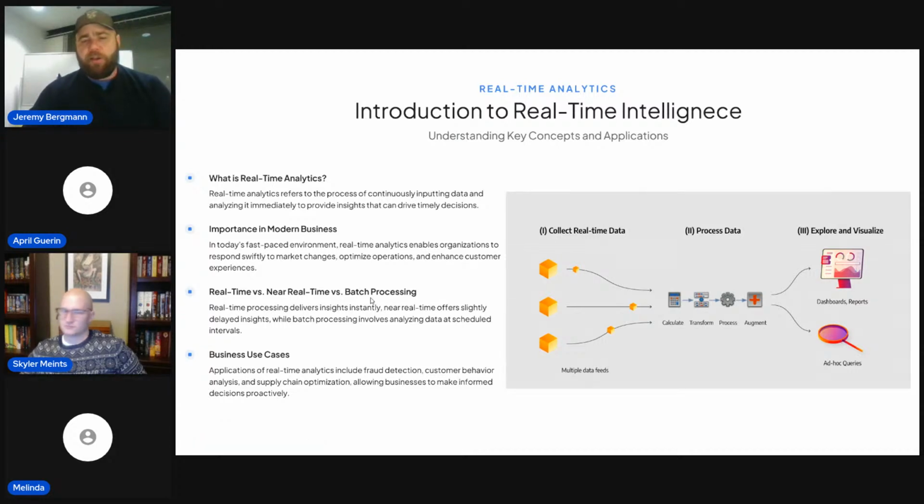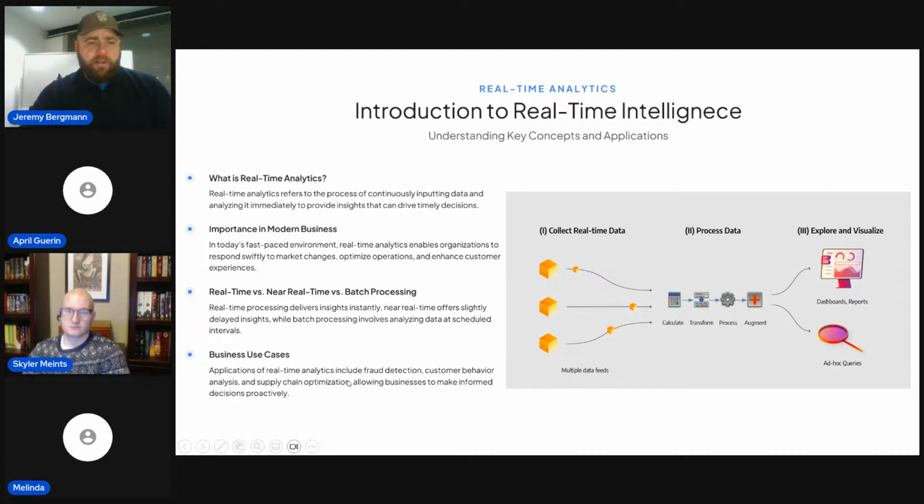So batch processing is when you have a whole bunch of observations that you process at the same time. That's usually done in traditional methods or with traditional ETL or Data Factory, but sometimes you'd also use Spark to do that, and you can use real-time intelligence to do batch processing.